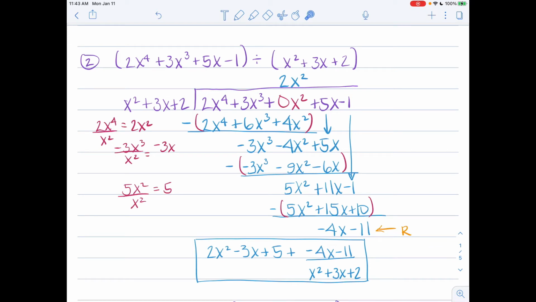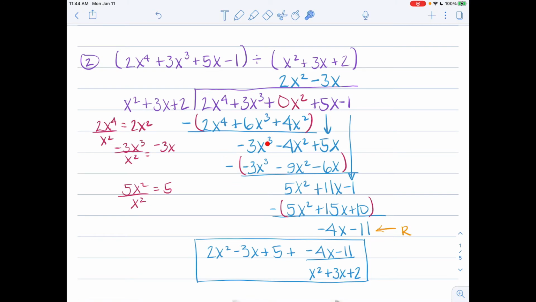All right, so we want to see how many times that negative 3x to the third can be divided by x squared. So doing the math off to the side, I get negative 3x, and I will add that up here, negative 3x minus 3x. Now I take that minus 3x and multiply by each term. I get a negative 3x to the third minus 9x squared minus 6x, and I'm ready to subtract everything.